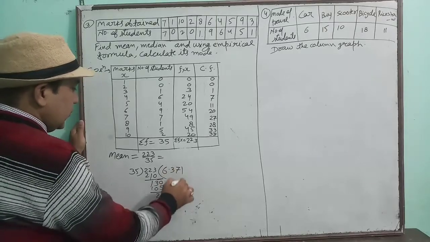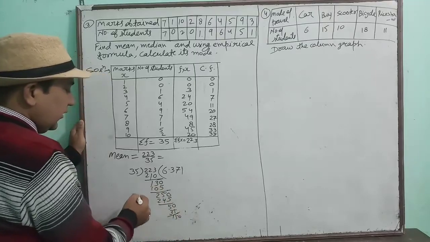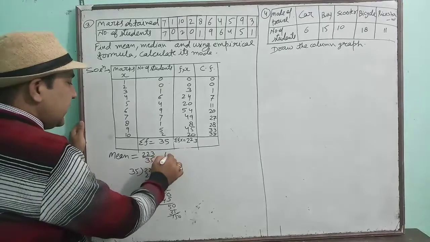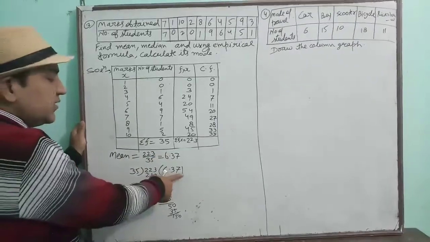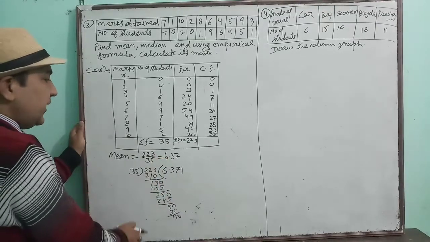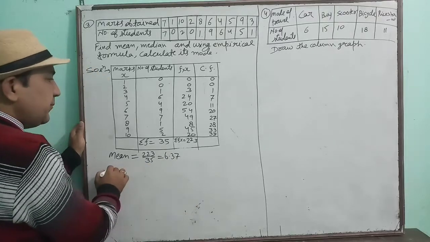Again 0. You are watching that these will not be exactly divisible. In this case, write your number till 2 digits, because the third digit is 1, so you can leave that. In the round figure it is coming 6.37.